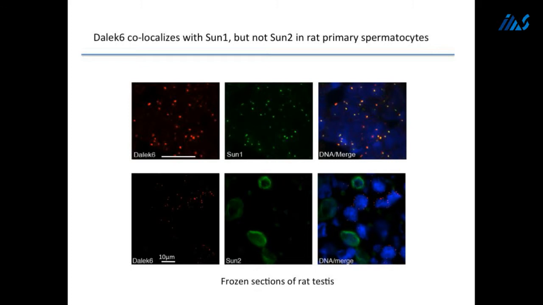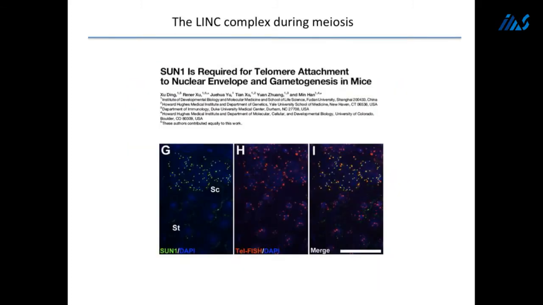Well, it exactly co-localizes with SUN1 on the surface of these spermatocyte nuclear envelopes. SUN2 is completely absent from these cells. So the implication is that Dalek and SUN1 are associated at these telomere attachment plaques. Now, it's been known from work from Min Han several years ago that SUN1 is actually required for telomere attachment to the nuclear envelope in mice.